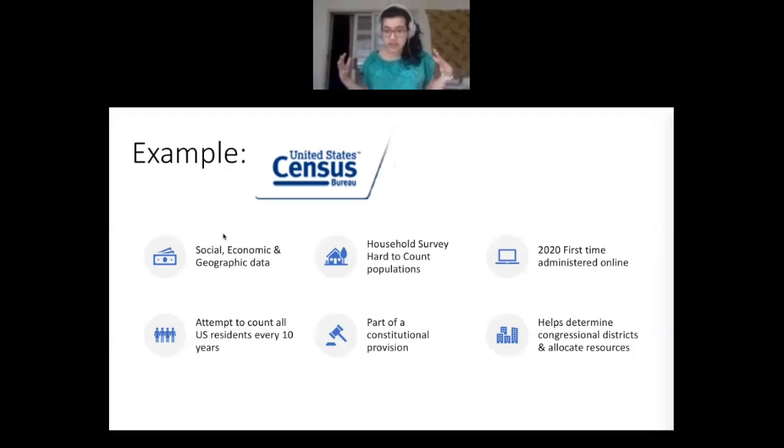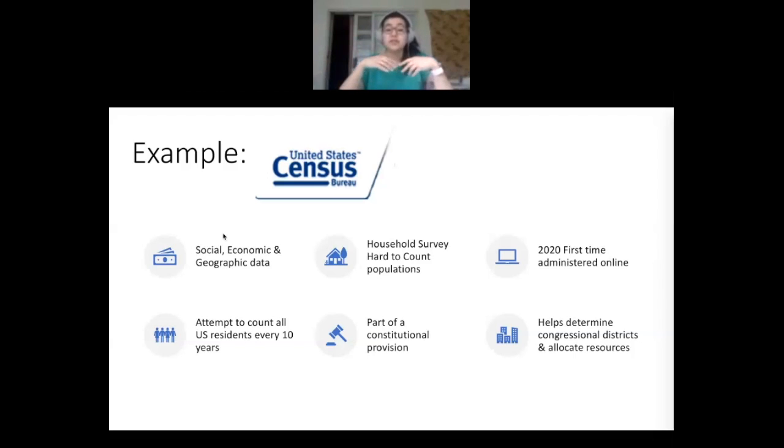And because it's a large sample survey, there's likely to be a higher or a lower response rate because you're trying to get an entire picture of a large population. You're not getting a smaller sample that's supposed to be representative of a larger sample. You're trying to get the larger sample, which is US residents.